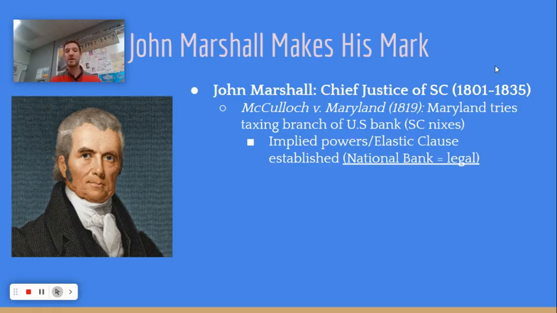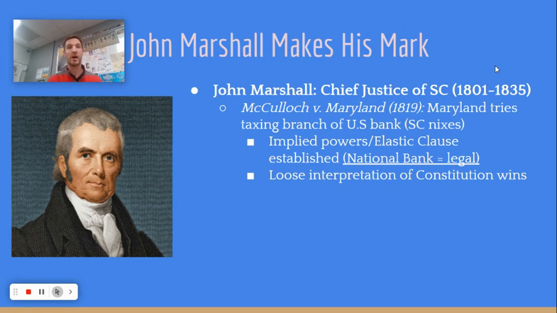Things don't have to be written word for word in pen or blood for the U.S. government to do things legally. So national bank is never written in the Constitution, but with this ruling, the Supreme Court is saying, hey, you can interpret things, and the idea or concept of a national bank was interpreted through the Constitution, but that is okay. So federal government won under John Marshall, and state governments or states' rights 0.